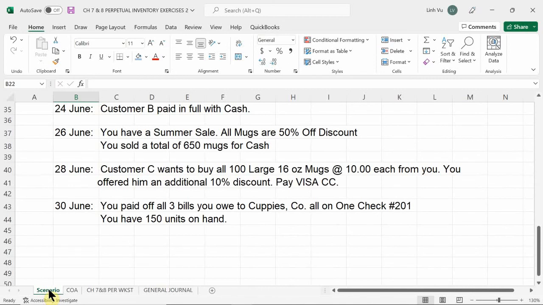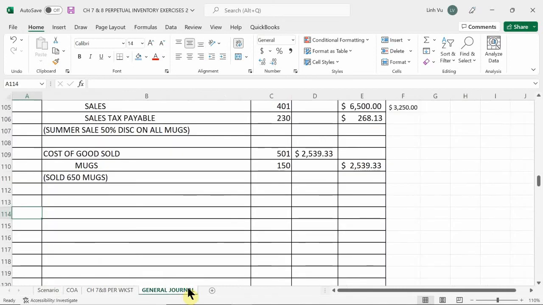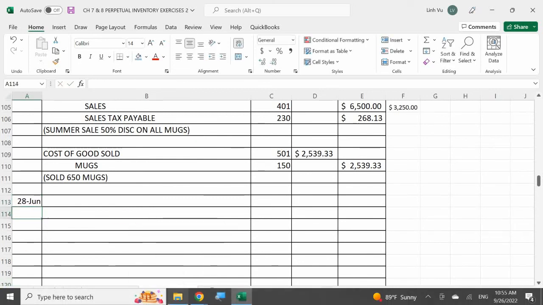So remember, they're not the same journal, okay? They're two different separate journals, but they are tied into one transaction. Okay, so 28. We need to recognize what we sold first before we can take it off our inventory, right? We can't just take it off our inventory and not record the sale. So that always has to come first, okay? The sale comes first. So it's the 28. We sold and we received the money in our checking account, okay?